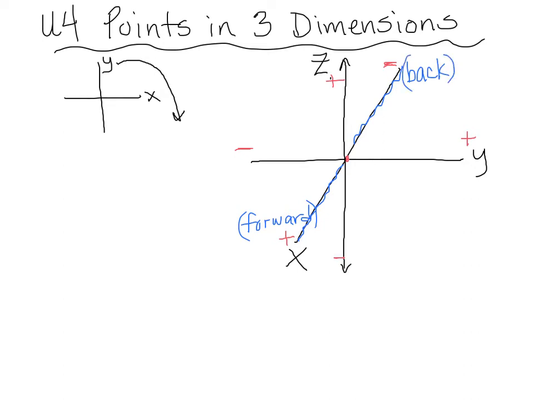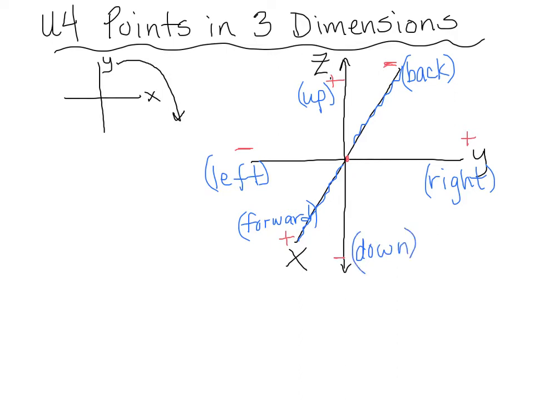On the y-axis, since that is now a horizontal axis in our picture, to the right takes you to the positive y values, and the negative y values are to the left. Okay, we'll use these kinds of words as we describe the direction of certain points. And on our z-axis, this is now our up and down movements. So up for positive z values and down for negative z values.